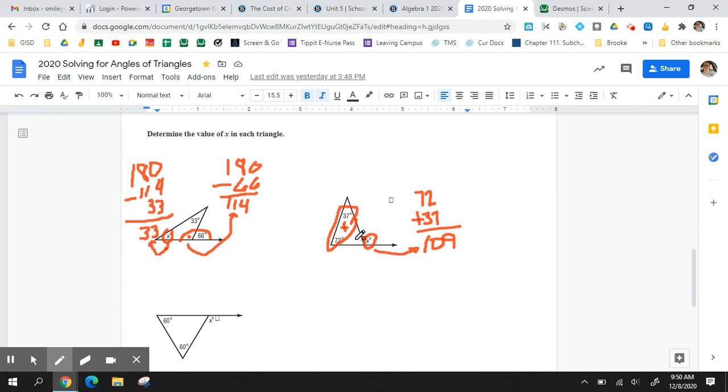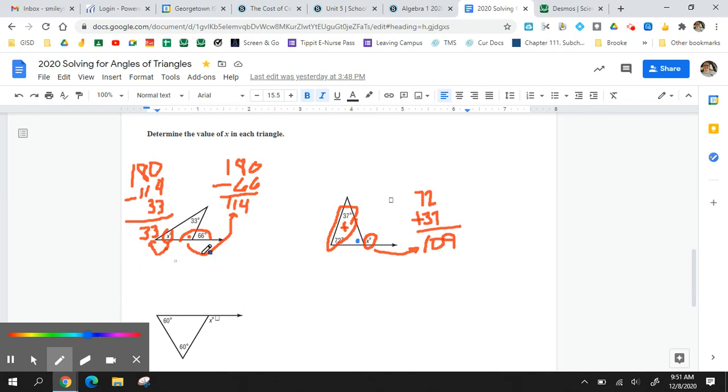Absolutely. I could figure out what this angle is right here and check to see if that works with the 109. But it is true. So take these two numbers, 37 and 72, add them together, and that gives you your x, your exterior angle.